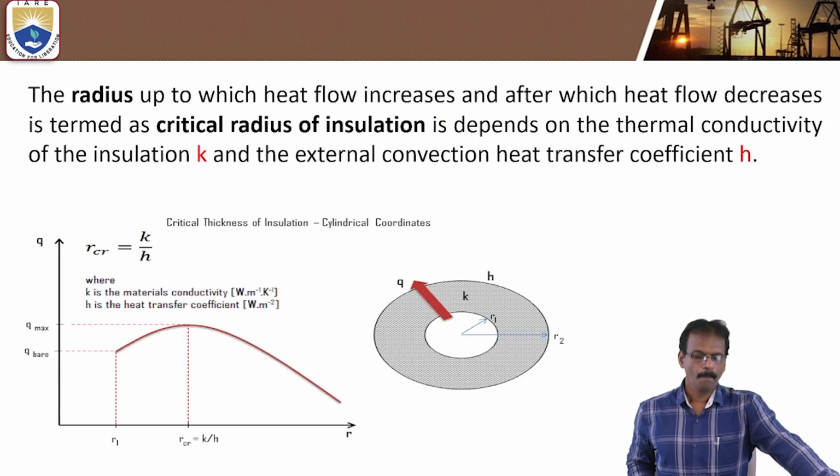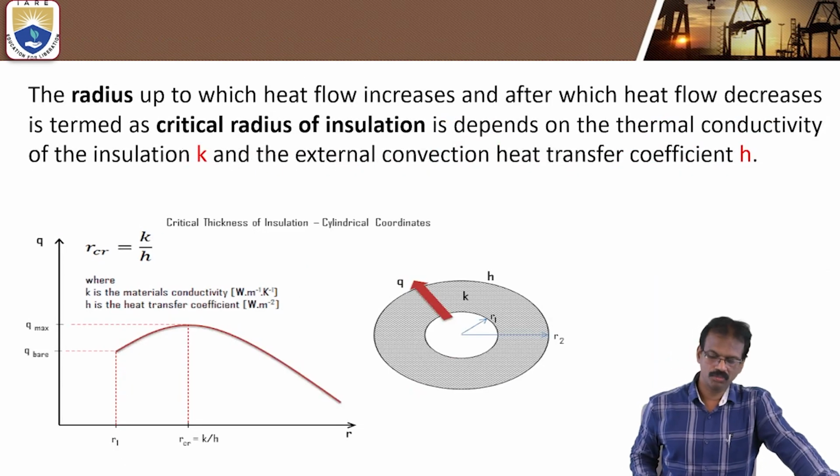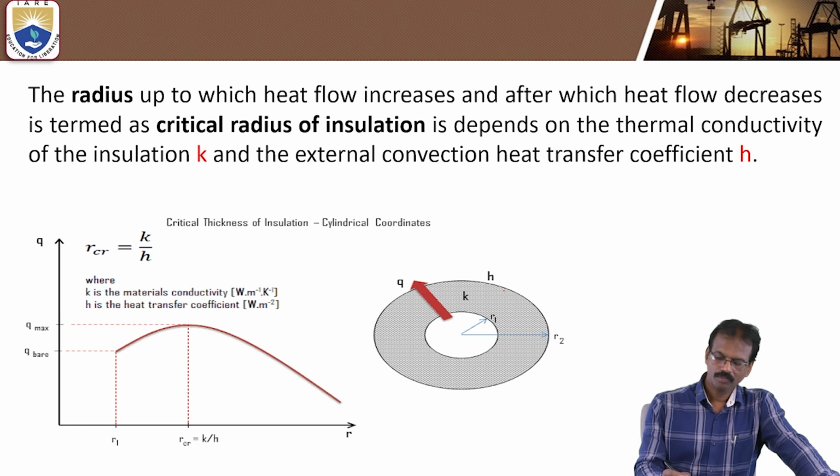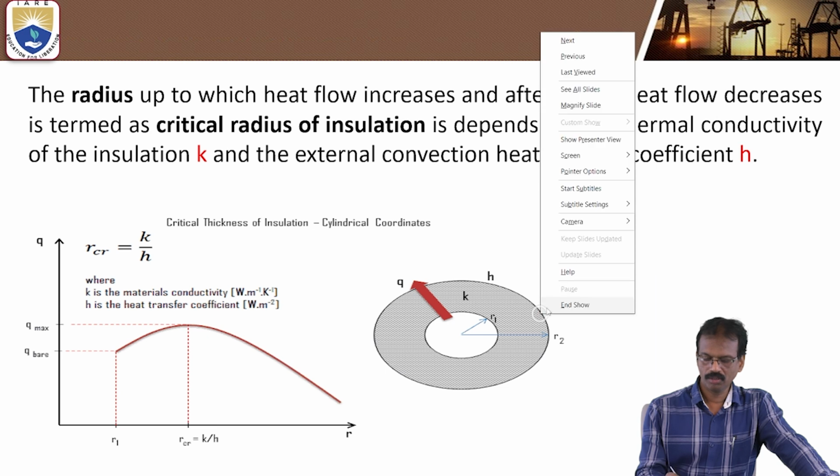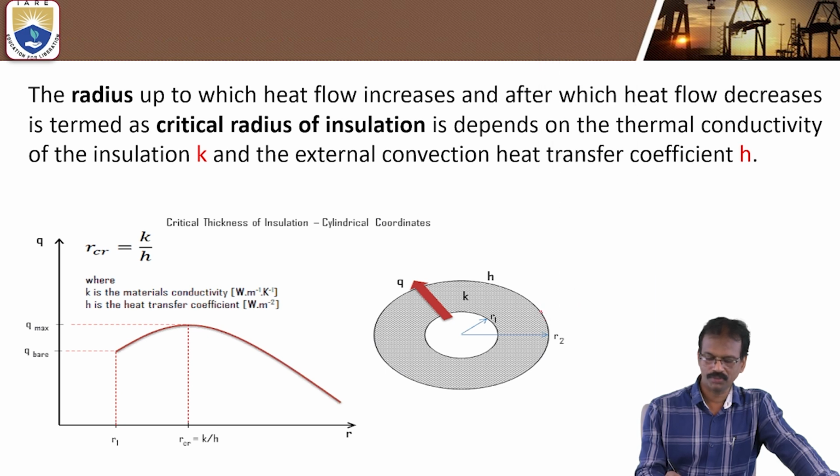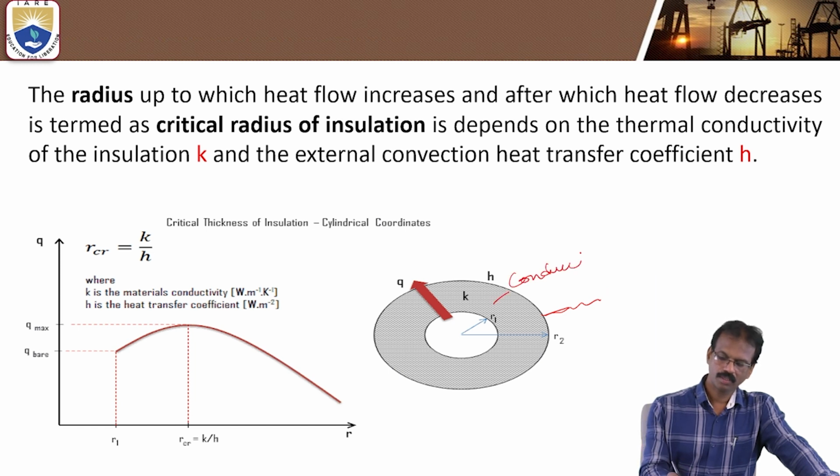Here, this is the insulating material. Heat transfer takes place in the insulating material through conduction, then from the insulating material to the outer surface through convection. So one is the conduction process, another one is the convection process.